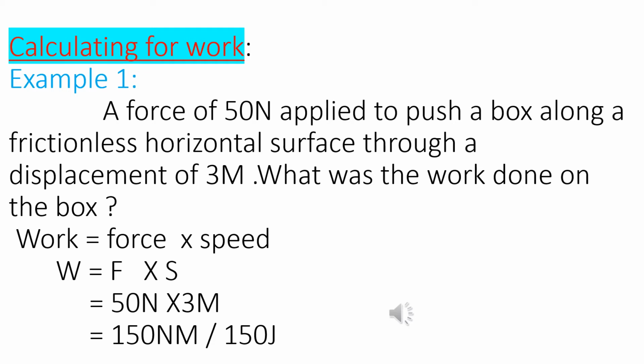In our example 1, they are telling us that a force of 50 newtons was used to push a box along a frictionless horizontal surface through a displacement of 3 meters. What was the work done on the box? Remember, work equals force times displacement.